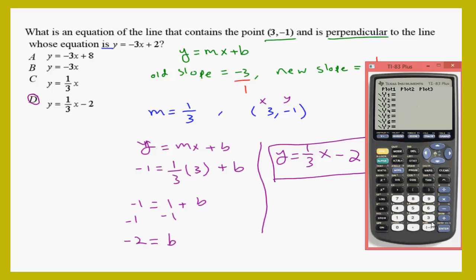We're going to graph the first equation, negative 3x plus 2, in y1, and make this one a bolded line and this one a regular line. Then graph negative 3x plus 8, and graph them.